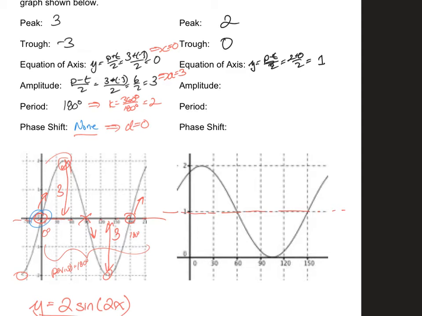Here the amplitude is going to be the peak minus the trough over 2. So that's 2 minus 0 over 2, which happens to be the same thing coincidentally, which is 2 over 2, which is 1. And I can see that in the graph, that the amplitude is 1.